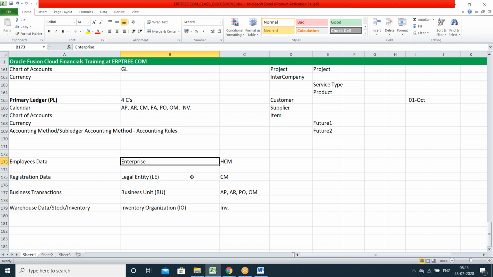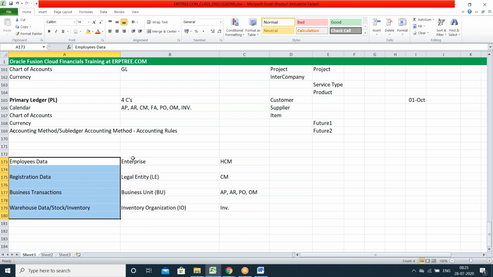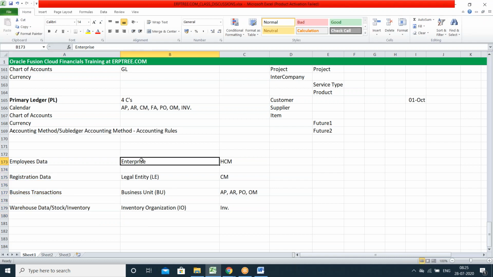Without application, no data you can maintain in the system. Even for concepts, these all will use respective applications to maintain the relevant data. Okay, to maintain the employees data, we use the enterprise concept. When you use the enterprise concept, by using HCM applications only, you can maintain the employees information within the enterprise.